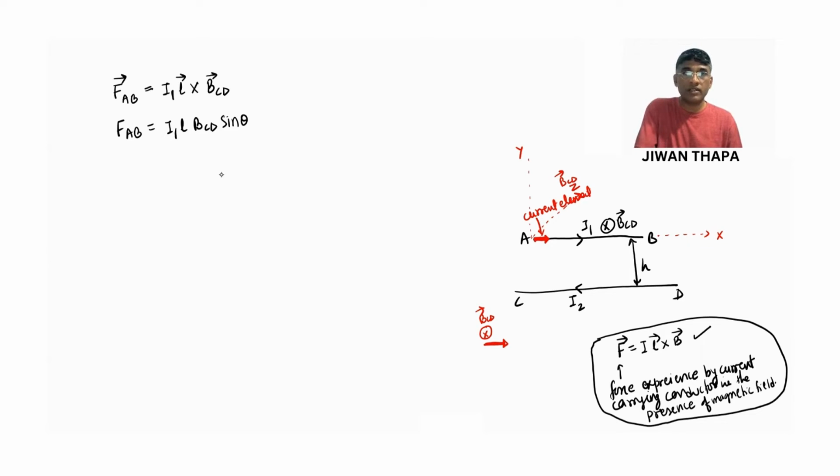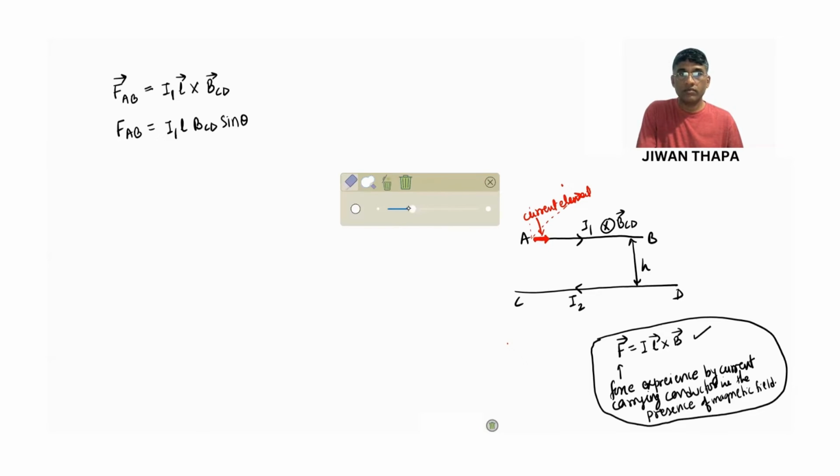So the angle between current element and magnetic field is 90 degrees. So angle theta equals 90 degrees.